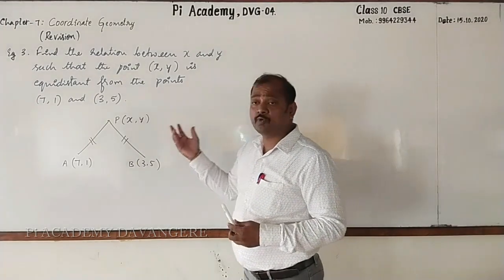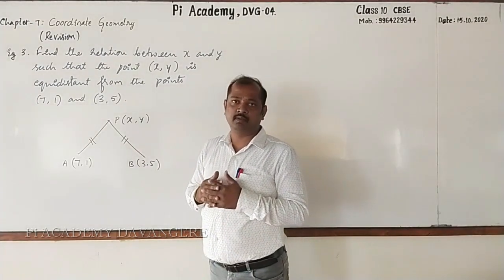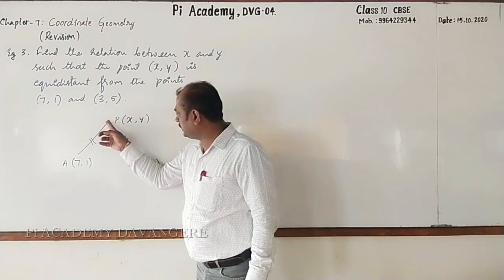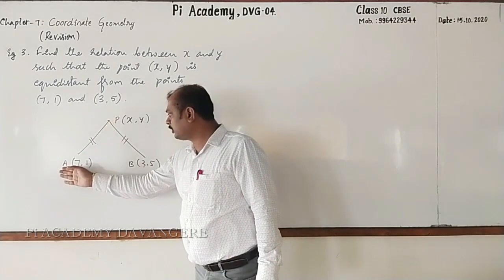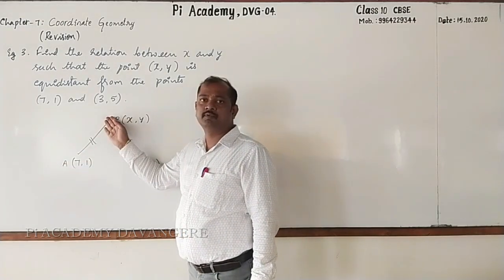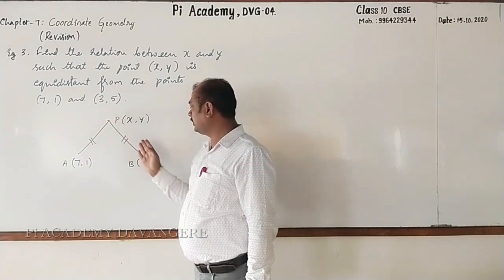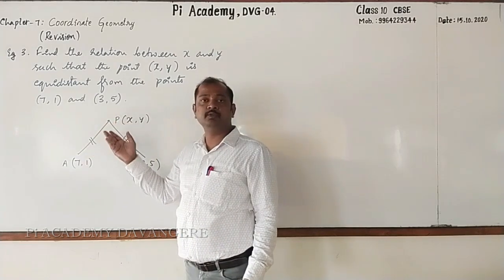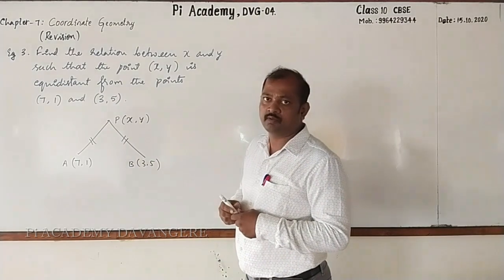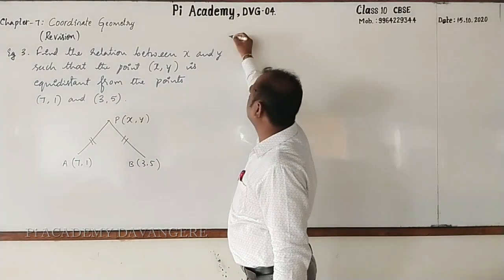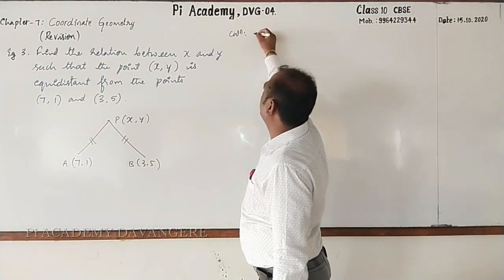Then how do you go for finding the relationship between x and y? Very simple one. As AP equal to BP, you can go for finding the distance from A to P as well as B to P by using distance formula. Got it? Go for writing with me.